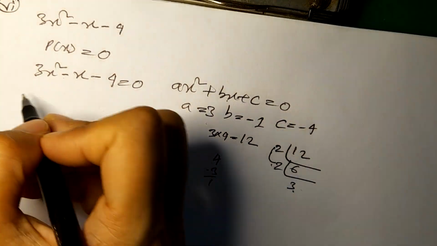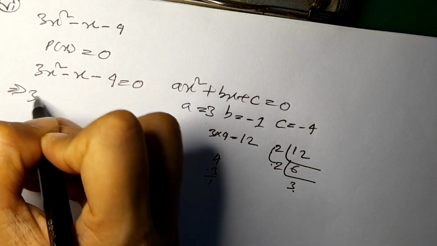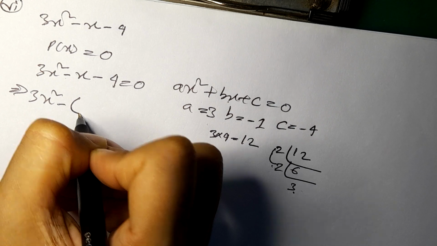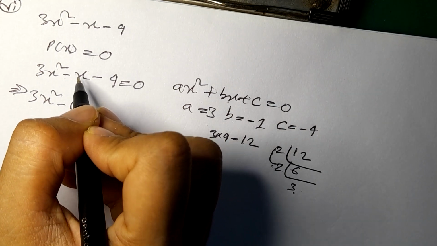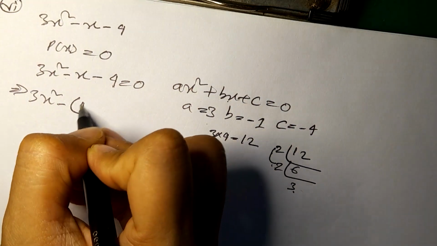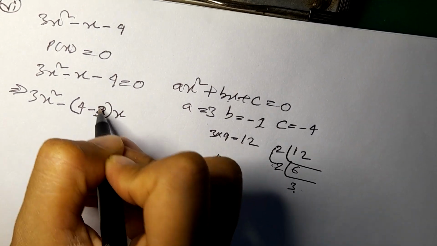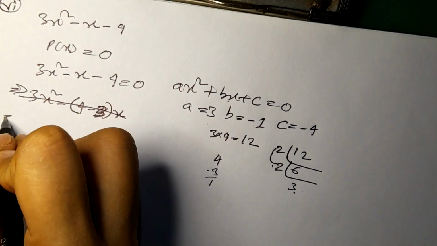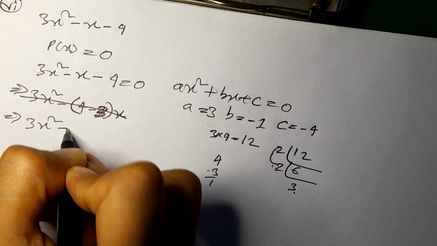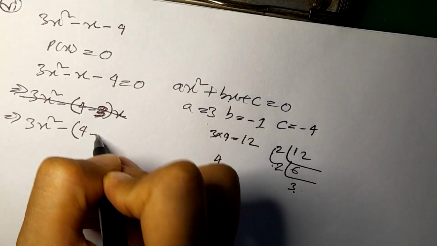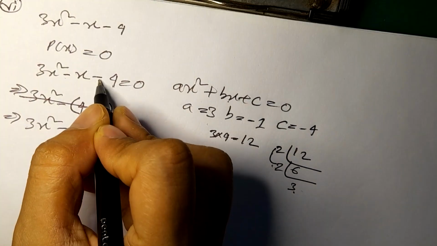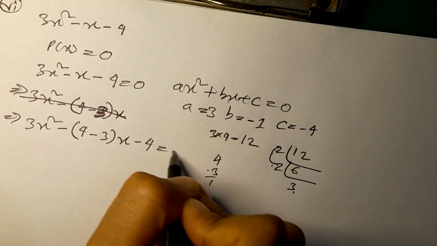So we got it. Now 3x square minus, instead of 1, nothing there means 1. What are you going to write? 4 minus 3x. This is 3x square, bracket 4 minus 3x, minus 4 will be as it is, equal to 0.